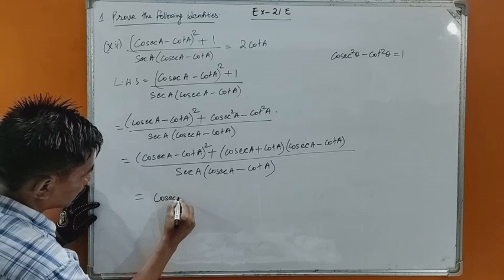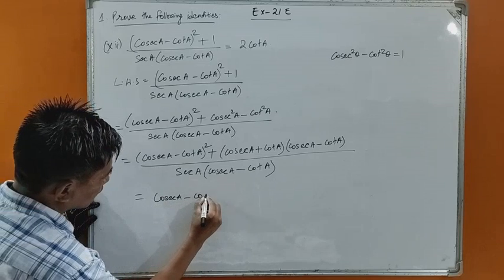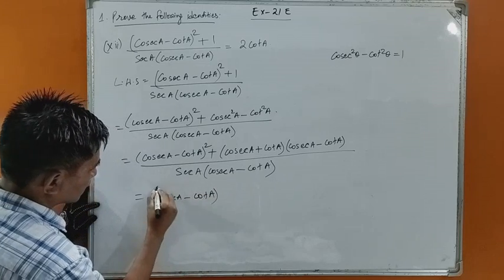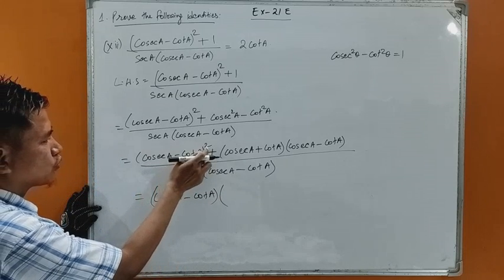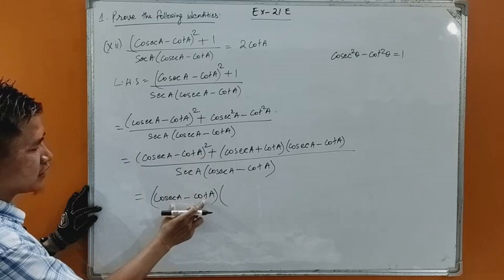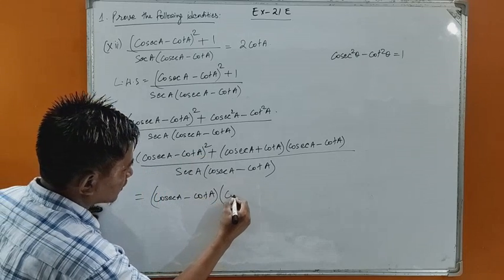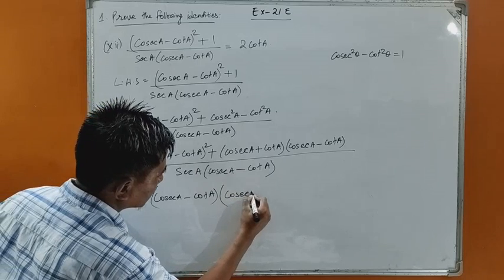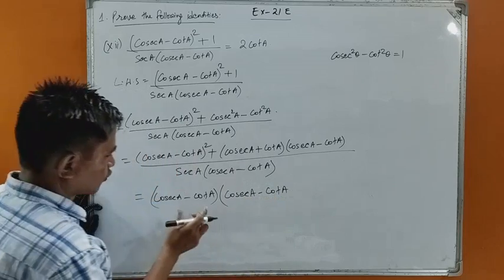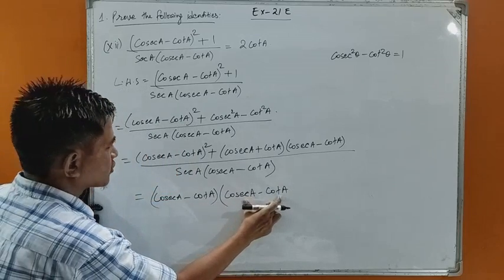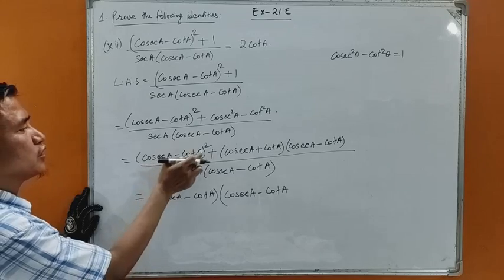Here we have (cosec A minus cot A) square, isn't it? So cosec A minus cot A is taken common, and one cosec A minus cot A still remains within the bracket. (Cosec A minus cot A) into (cosec A minus cot A) gives us (cosec A minus cot A) square.